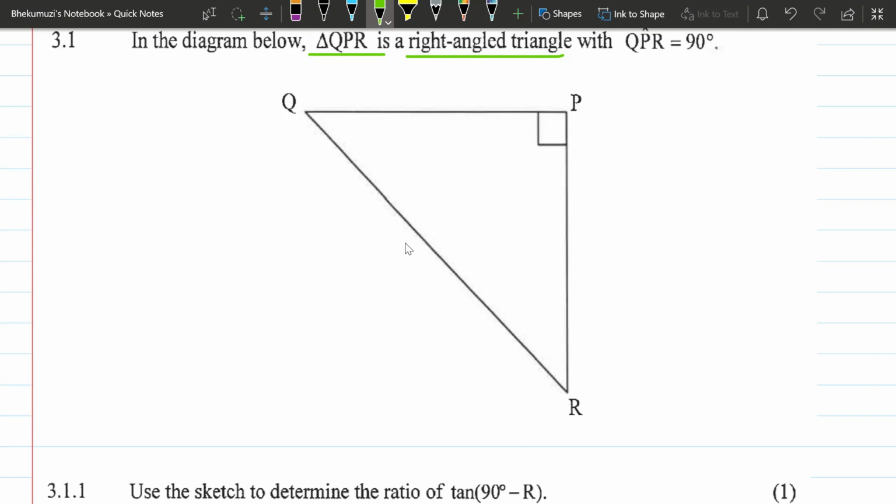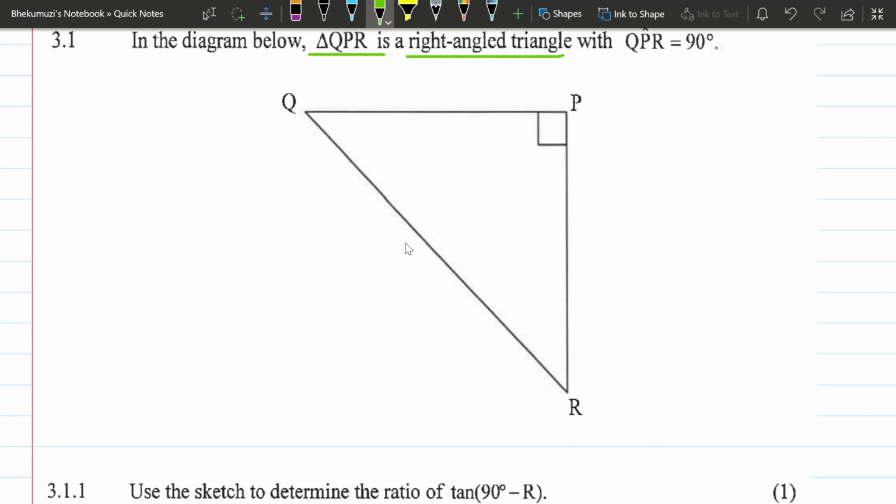Then we have an angle R. They didn't give us a value for angle R, but we have R as an unknown angle, and we also have Q as an unknown angle. But if you think about it with geometry, remember that all triangles are a sum of angles, right? This is the sum of angles.